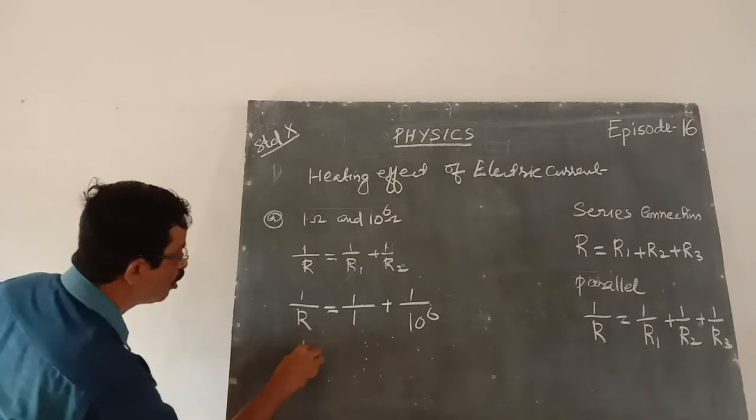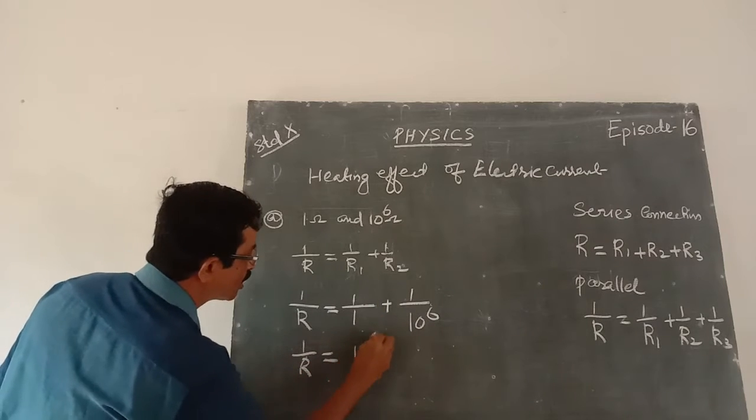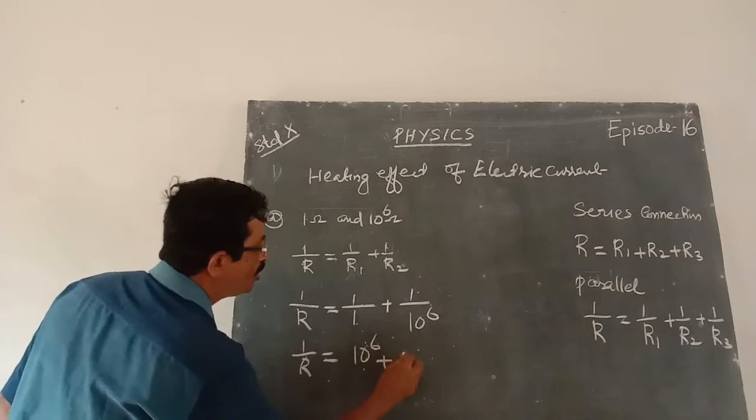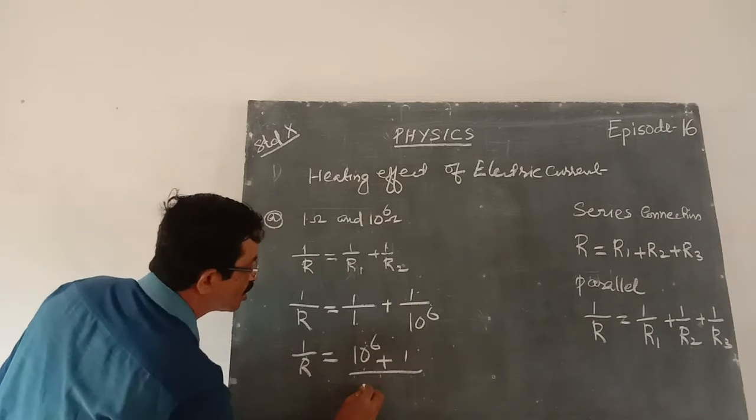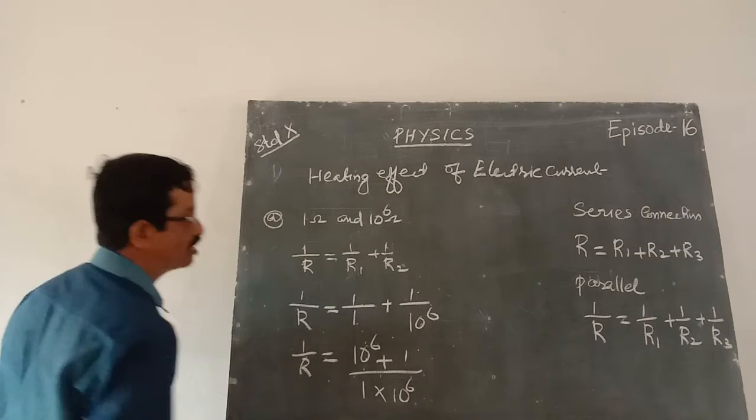Now again 1 by R is equal to, cross multiplying, 10 raised to 6 plus 1 divided by the product 1 into 10 raised to 6.